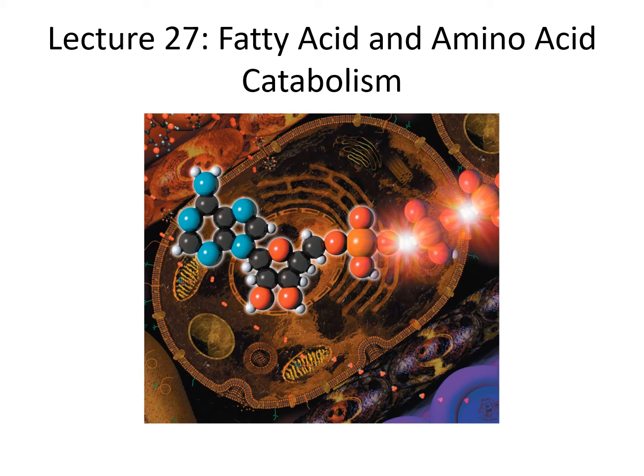This is lecture 27 on fatty acid and amino acid catabolism. In the last lecture, we covered carbohydrate catabolism, and we showed how one glucose molecule is catabolized and broken down both through aerobic and anaerobic processes.